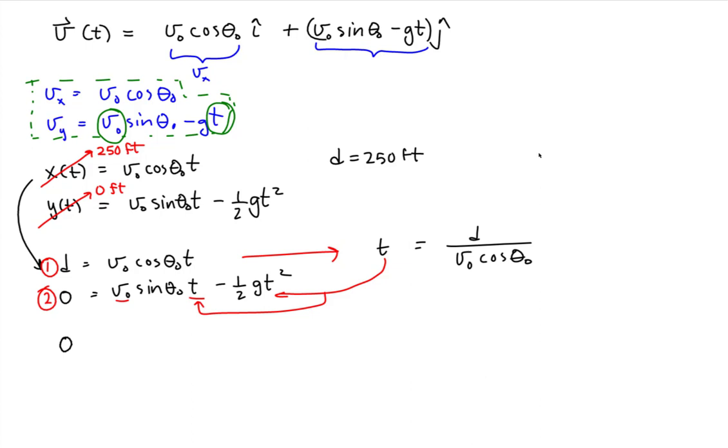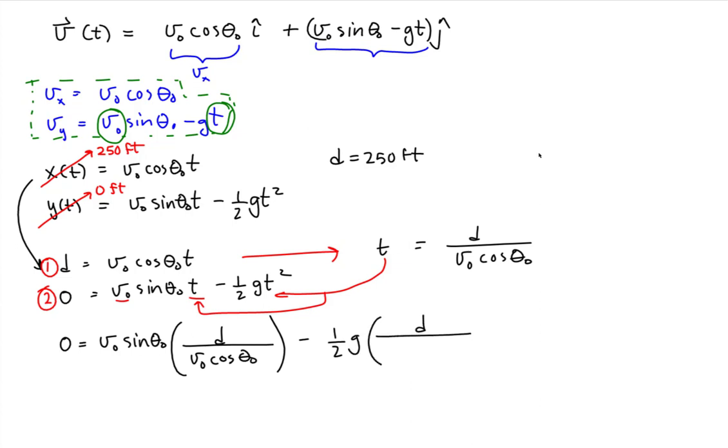This gives us 0 equals v naught sine theta naught times t, but t is equal to d over v naught cosine of theta naught, minus 1/2 g t squared, which is d over v naught cosine theta naught quantity squared.